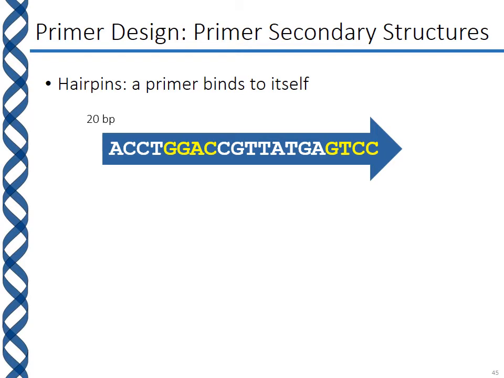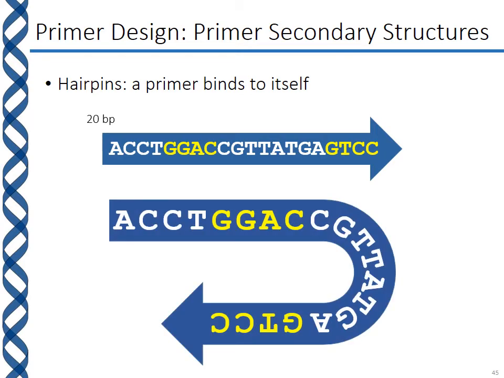If you read it strictly 5' to 3', there doesn't seem to be too much of an issue. However, if this molecule were to actually bend in on itself, you can see now that you have complementarity in the anti-parallel fashion. So even though the molecule overall is 5' to 3' from the blunt end of the arrow to the pointy end of the arrow, you can imagine that the top strand is 5' to 3', and the orientation of the bottom half of that strand is 5' to 3' from the right.